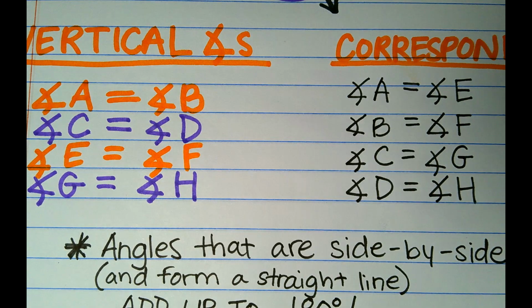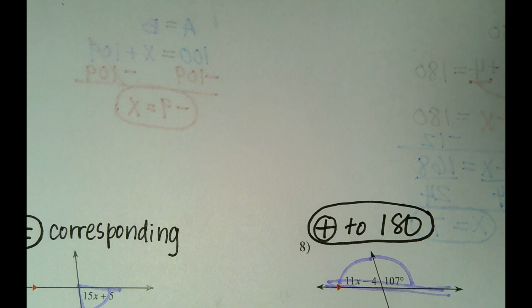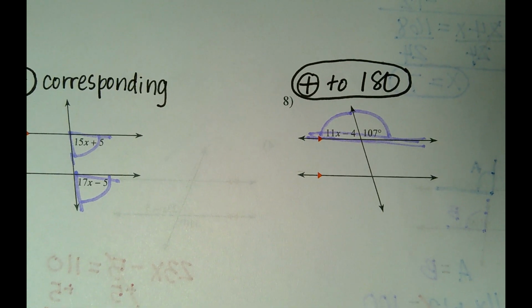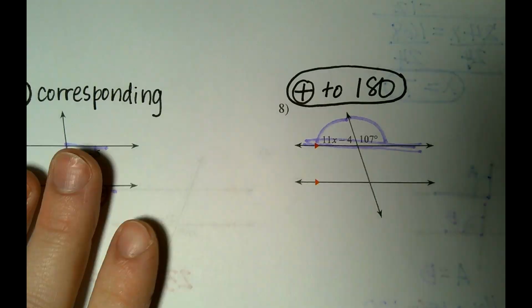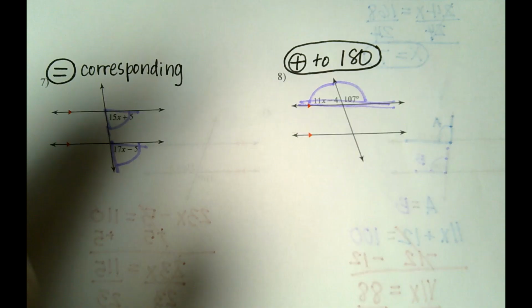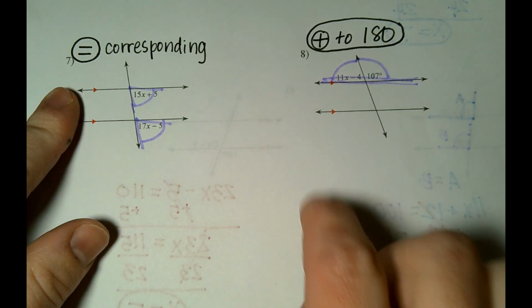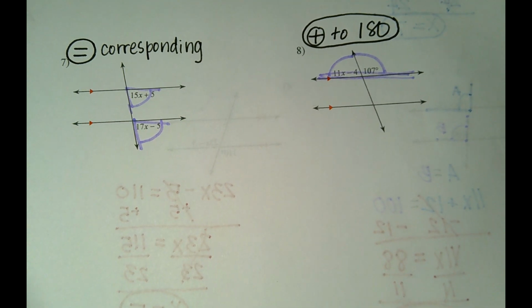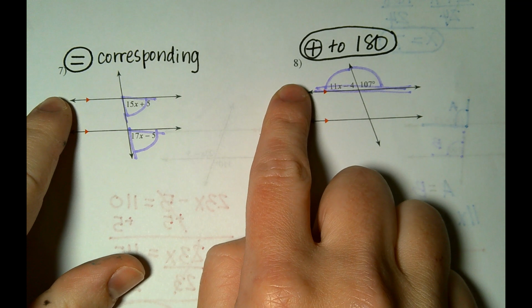Actually, I know that you can, because we've just done so many of these. This will be your exit ticket today. Not all of these. Your exit ticket is going to be number 7 and number 8 on this worksheet.